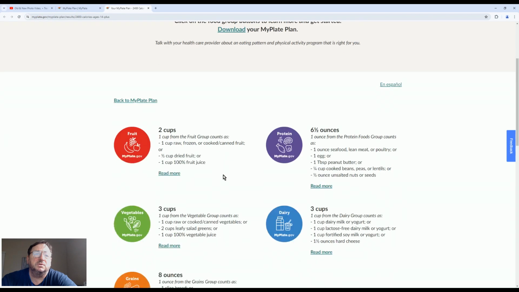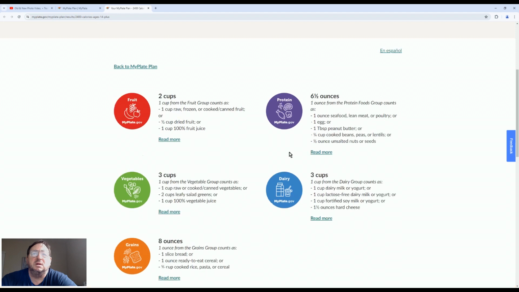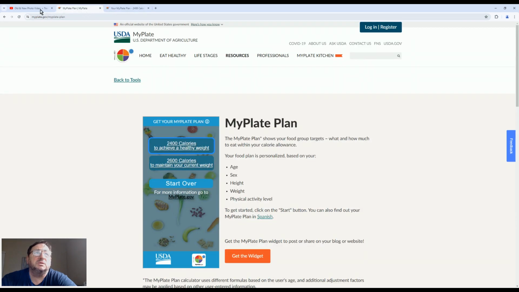Okay, now if you look at this protein, I need 6.5 ounces. When you measure, okay, let me change screen to show Excel.